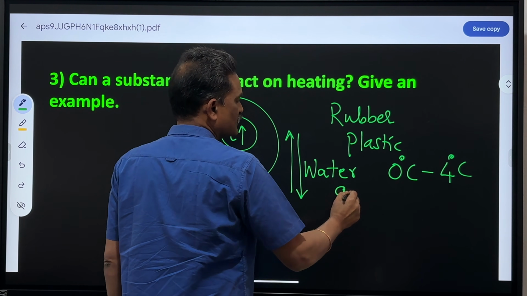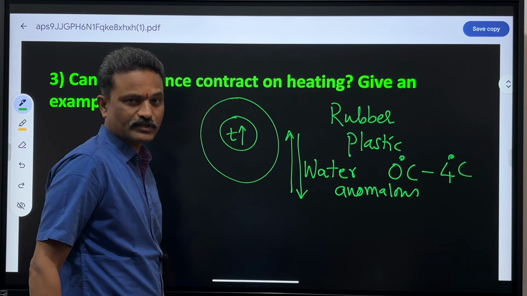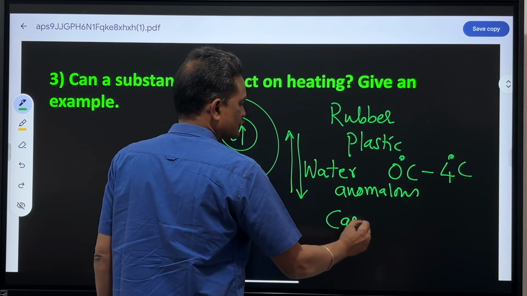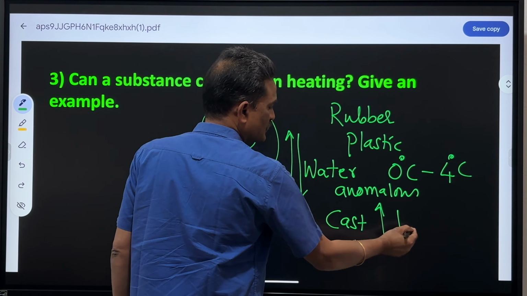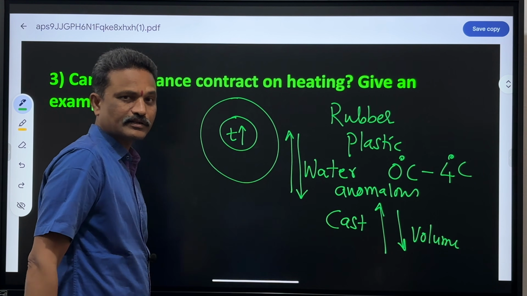This we call as anomalous expansion, anomalous behavior of water. Another example we can give is cast iron. So cast iron on heating, its volume decreases. So volume decreases means it is undergoing contraction.